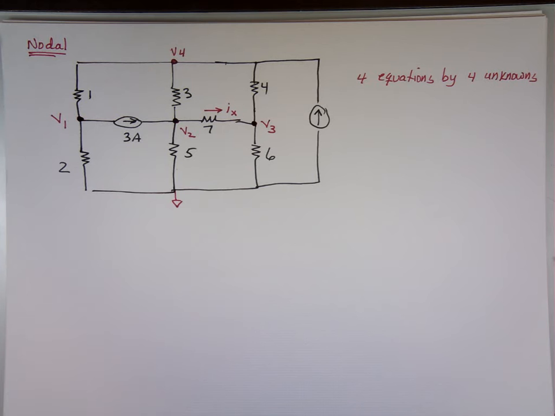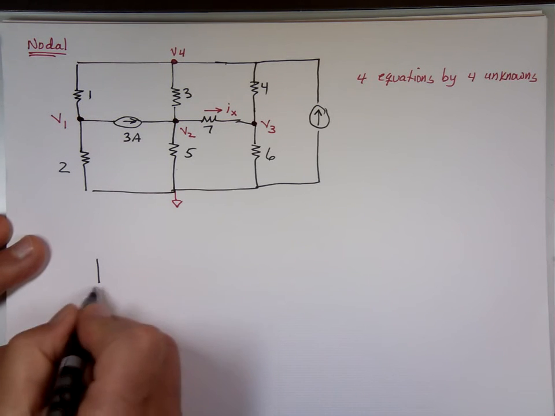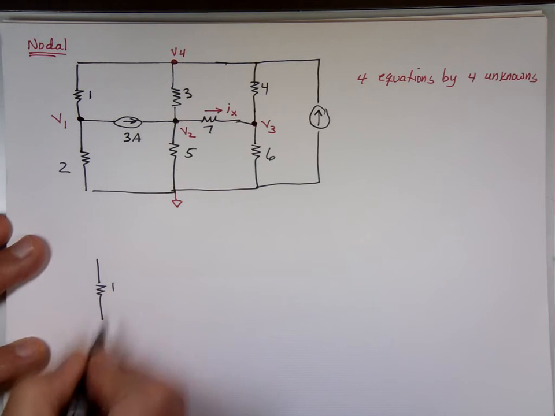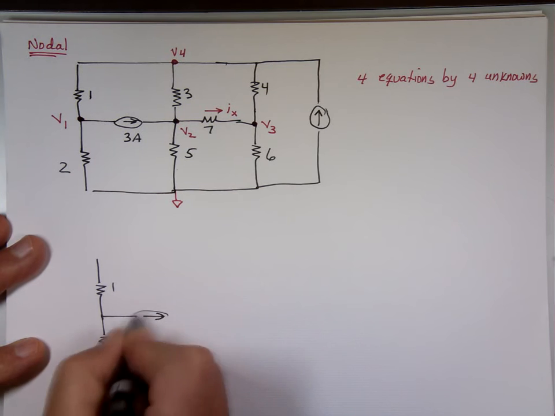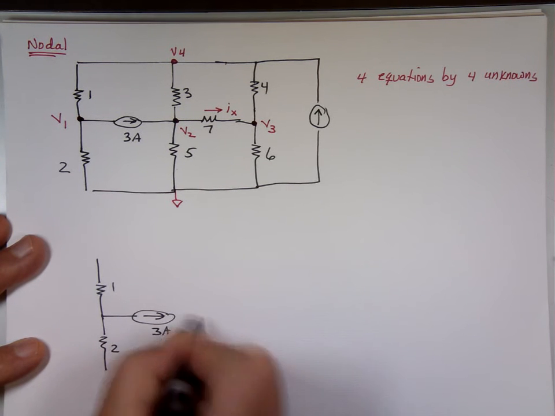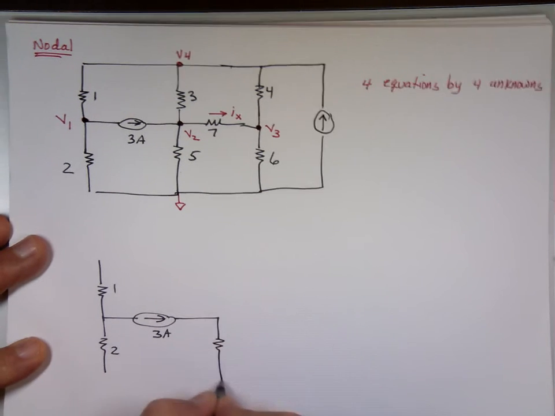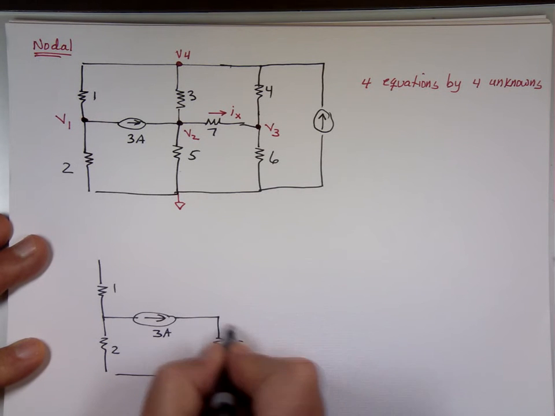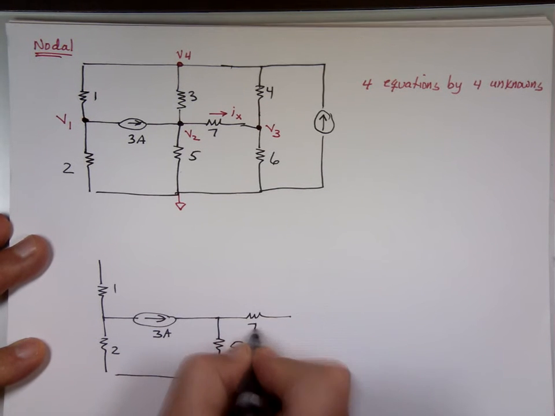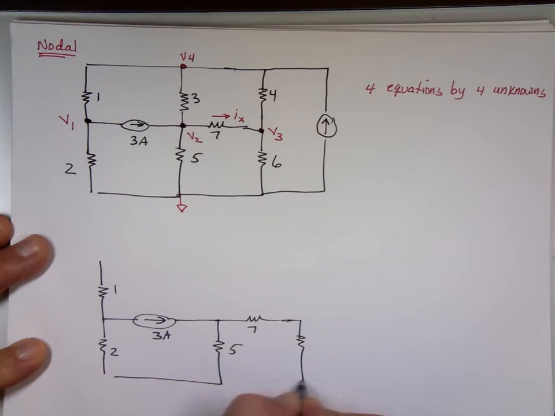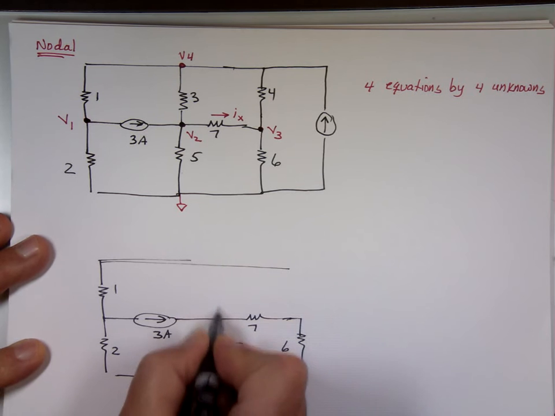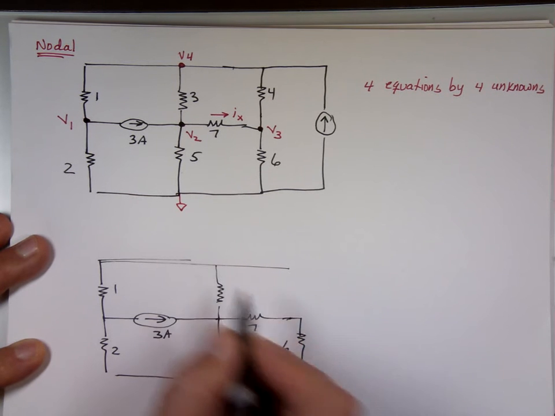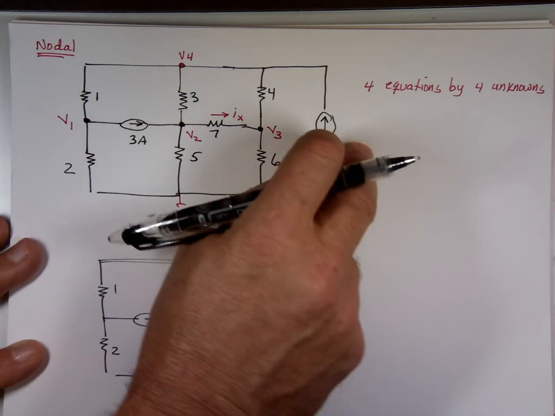Now let's look at it in terms of mesh analysis. What was the value of that current source on there? This one, 2.